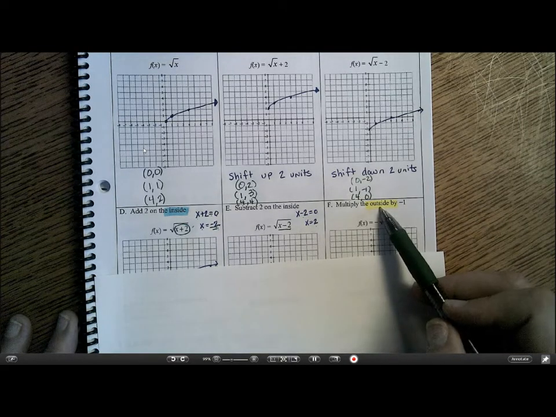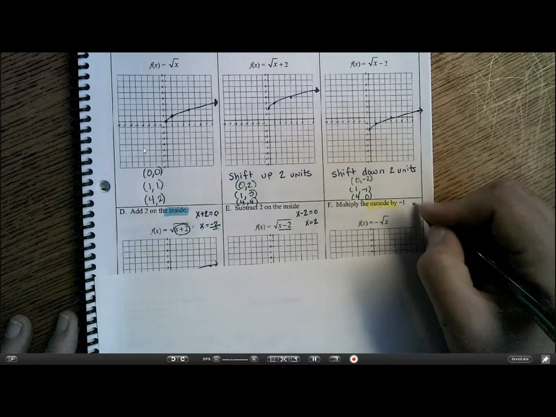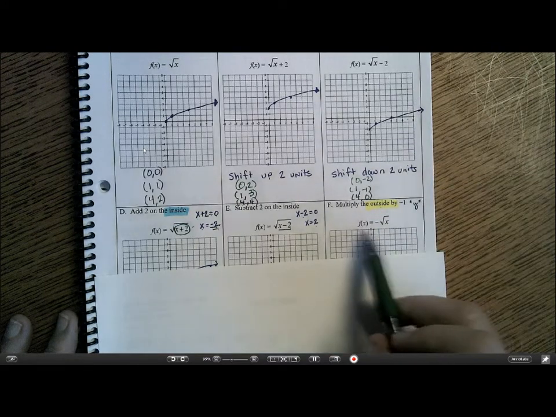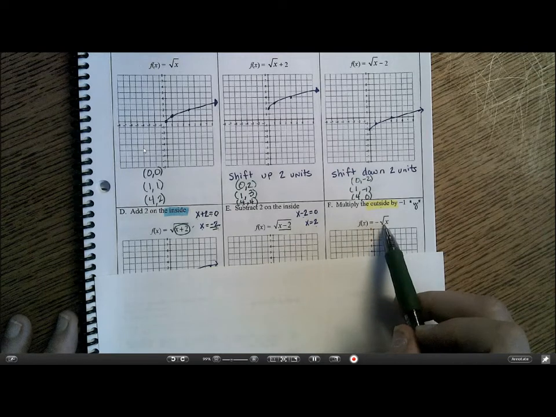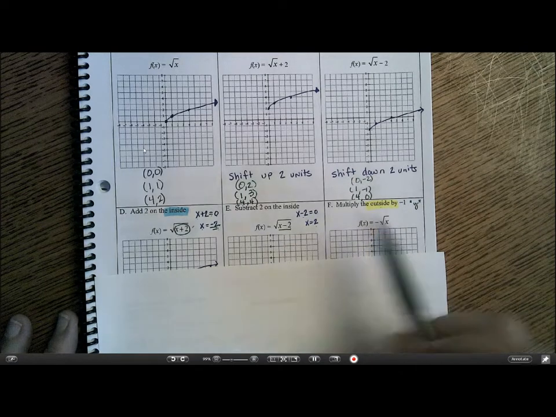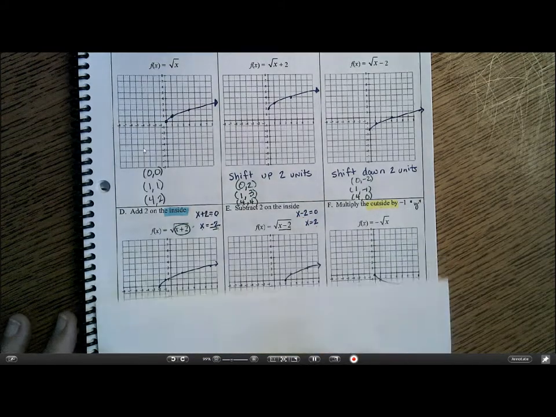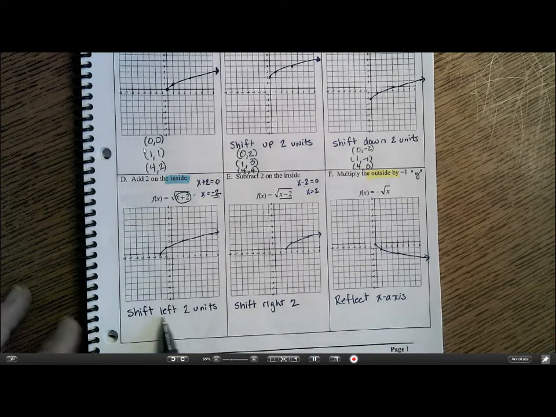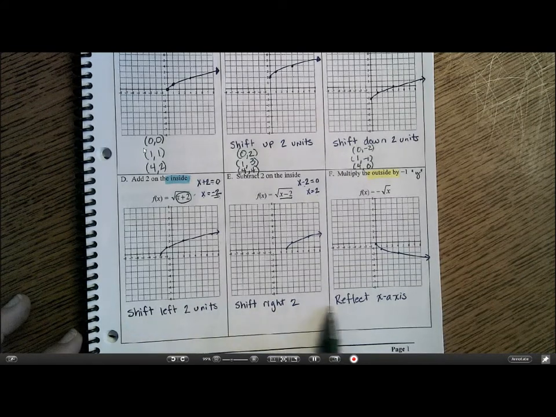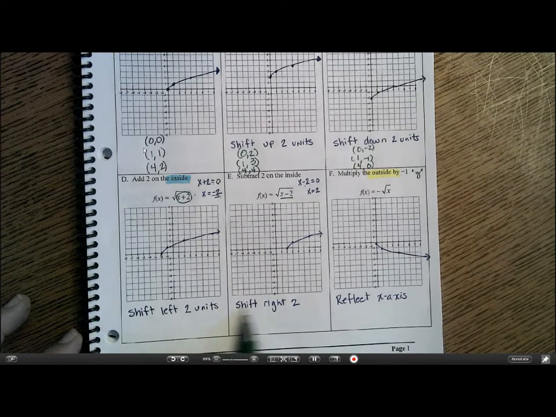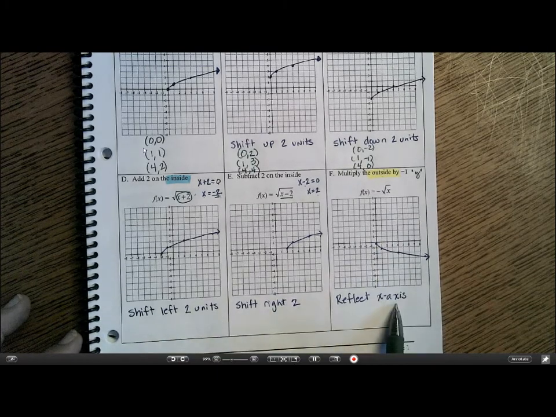This one we are dealing with outside. Anything on the outside is going to affect the y coordinate. So what we're going to have is the radical x, and now the y's, instead of being positive, are negative, which means it's going to reflect. So this is how we are going to indicate that change. Okay, shifting left 2, right 2, and reflect on the x-axis.